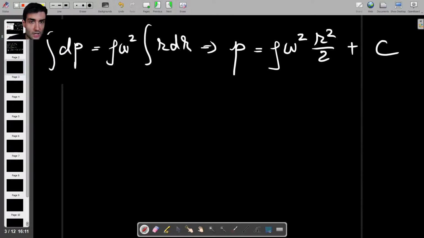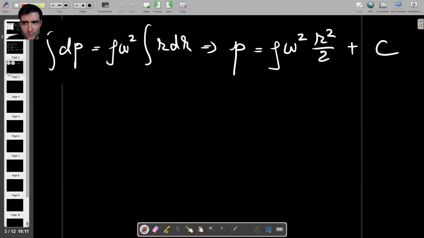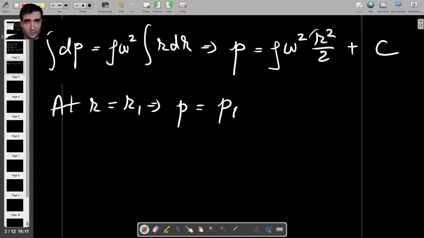So what we have to do now is find what that constant is. And to do that, we're going to use the manometer readings. We're going to use one of the manometer readings, and I'll use the first one. You can use the second one, you'll end up with the same answer, but I'll use the first one. So here's what we have. At r equals r1, so when we change this r value to r1, our pressure changes to that manometer reading, which is P1.